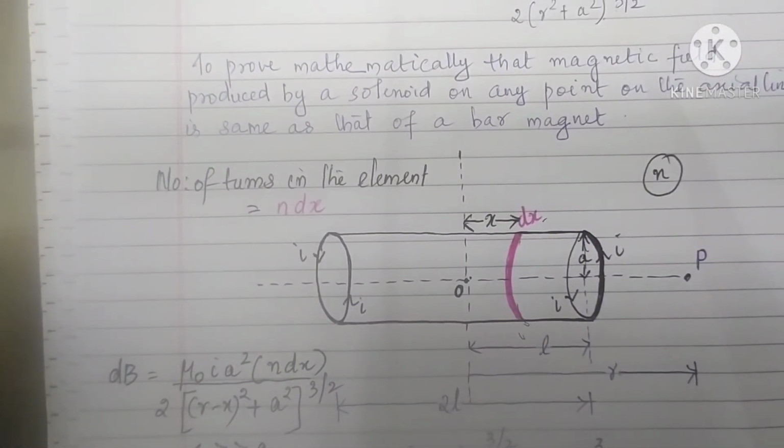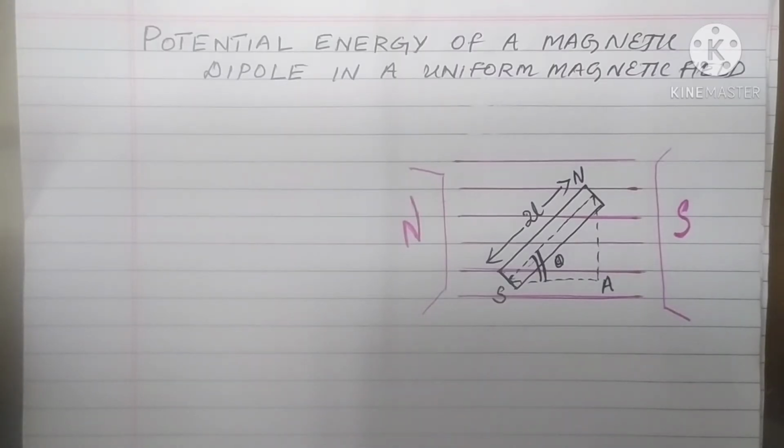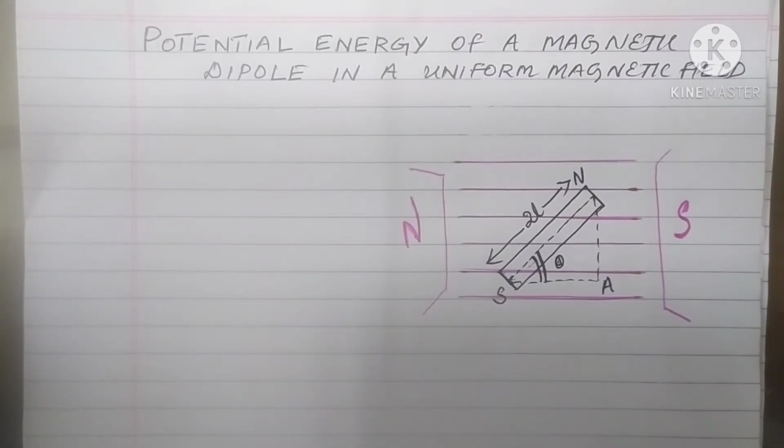Okay. Now we are moving to the next topic. Potential energy of a magnetic dipole in a uniform magnetic field. We have studied potential energy of an electric dipole in the first chapter. Same thing only. Here we are considering a bar magnet as a magnetic dipole.